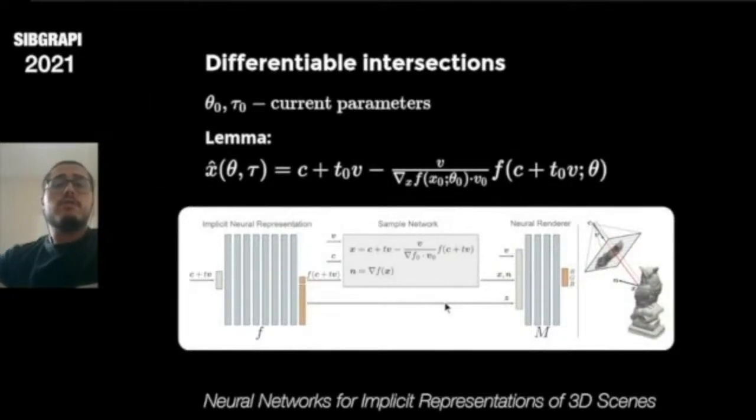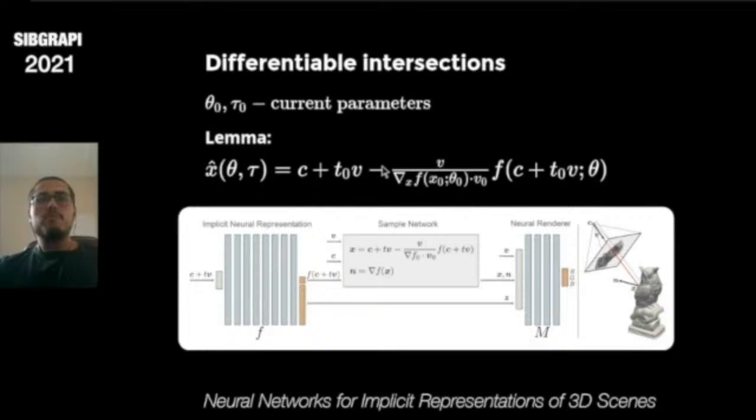Differentiable intersections. Okay, so how they do the differentiating part. So that's the pipeline. You know, F is the geometry and M is the appearance. Similar to the other before, but they actually had maybe an even smarter idea. It's kind of a generalization of the depth gradient.